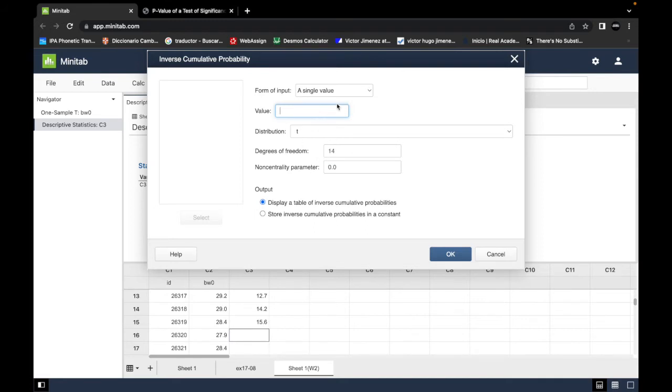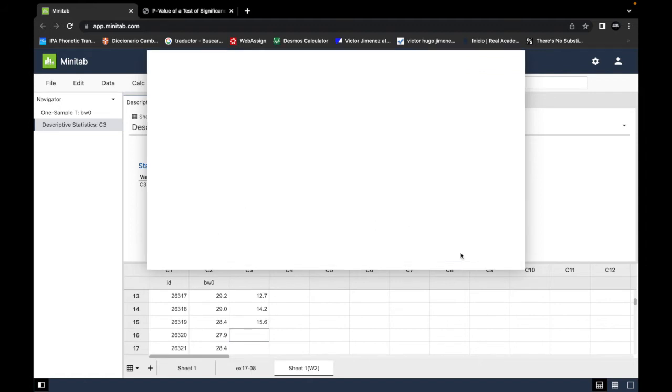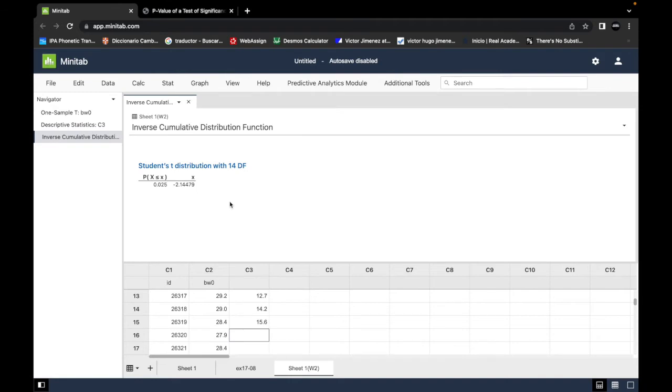And we want 0.025. So this should work. So this is the value for 0.025.